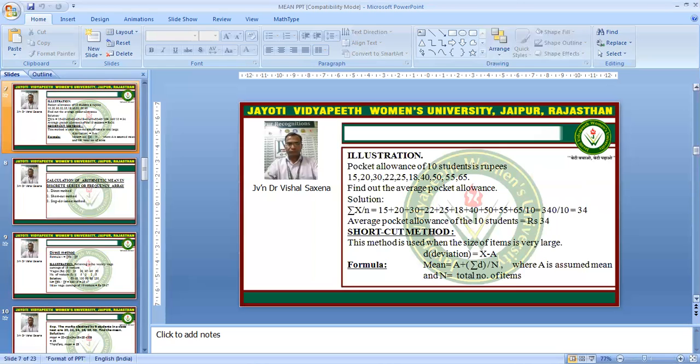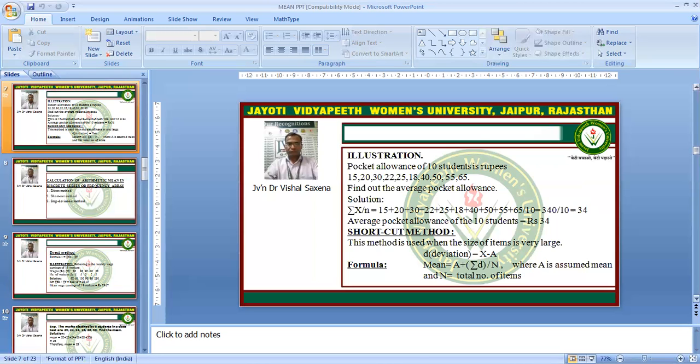Now we take one example to understand this. In this example, we are given the pocket allowance of 10 students in rupees: 15, 20, 30, 22, 25, 18, 40, 50, 55, and 65.